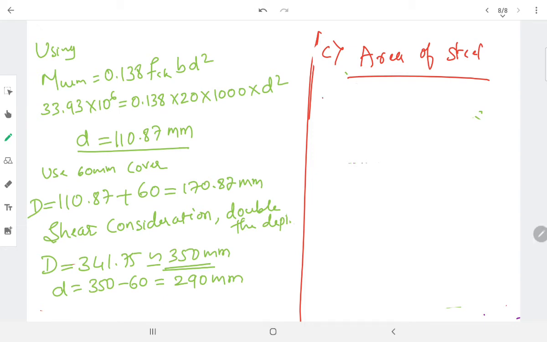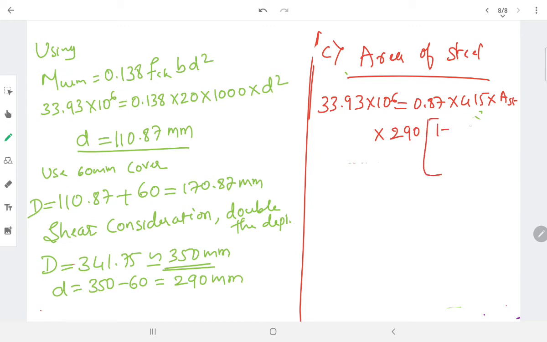So we know that already, 33.93 into 10 raised to 6 equals 0.87 × 415 × AST × 290.